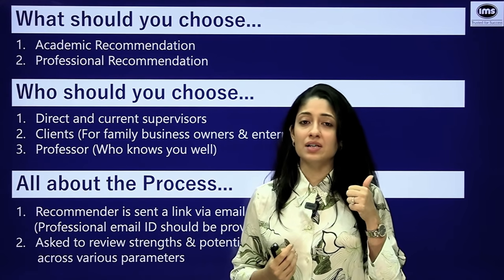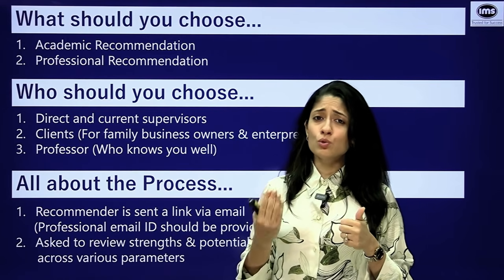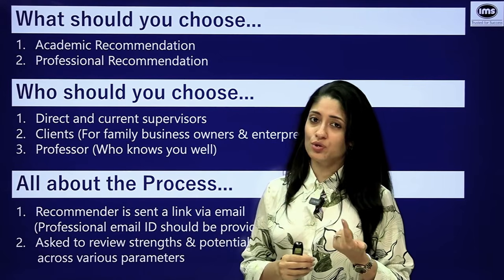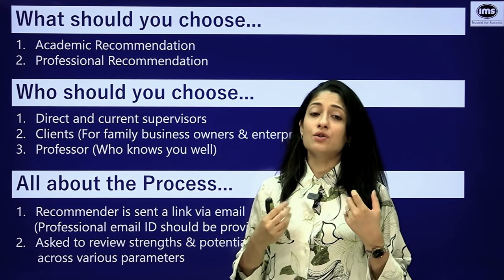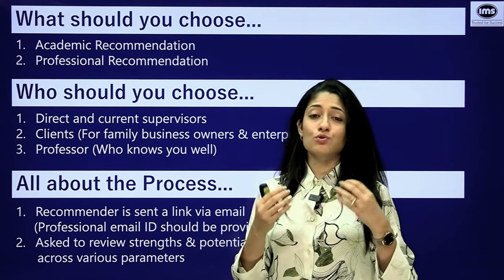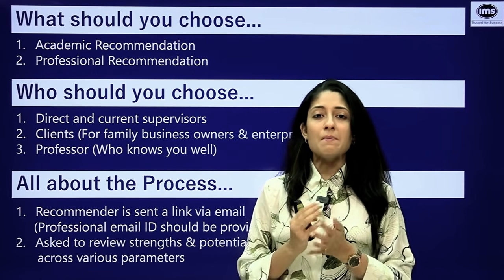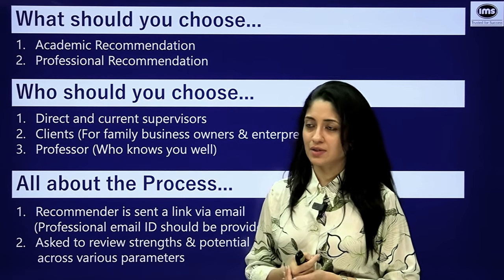Either you can have an academic recommendation, which can come from anyone who knows you very well academically, or the professional recommendation. So whoever in your network really knows you well beyond the books, beyond the office, and knows you as a person, your growth, your inner strengths, make sure that person recommends you in either of these categories.